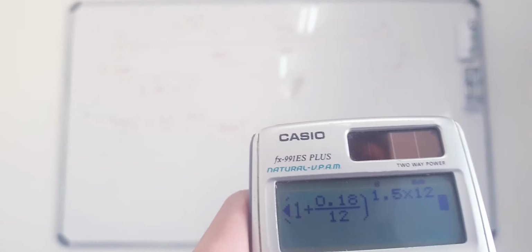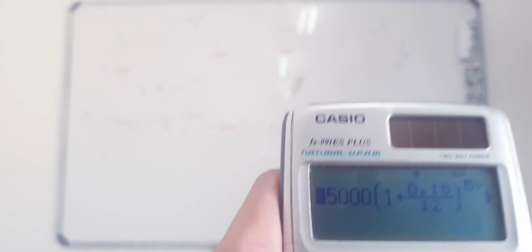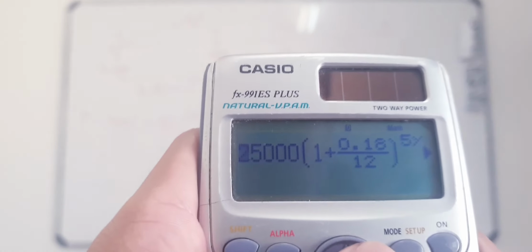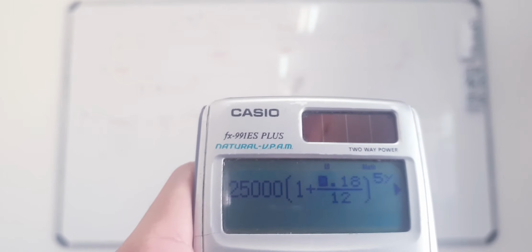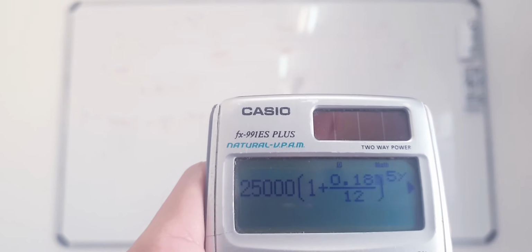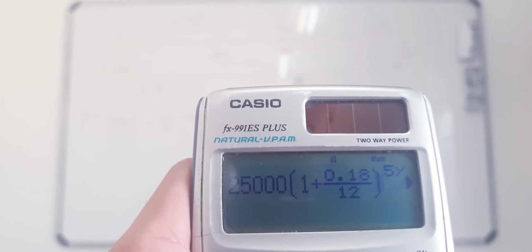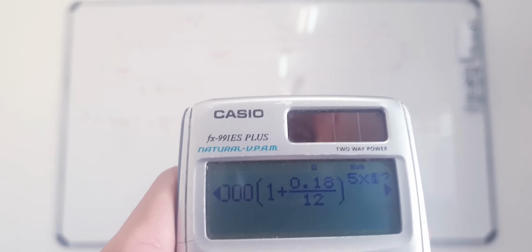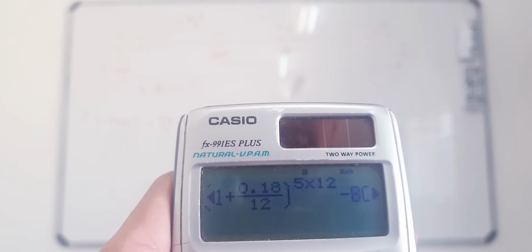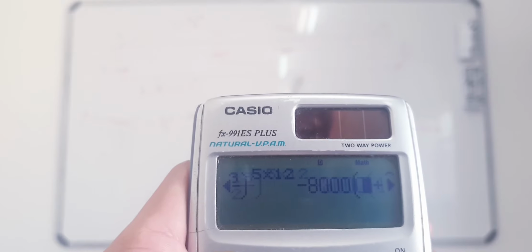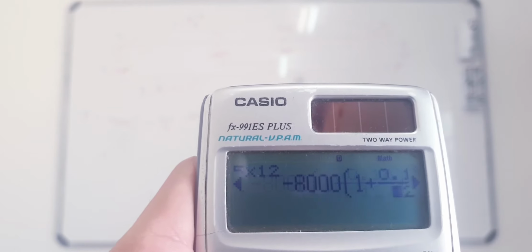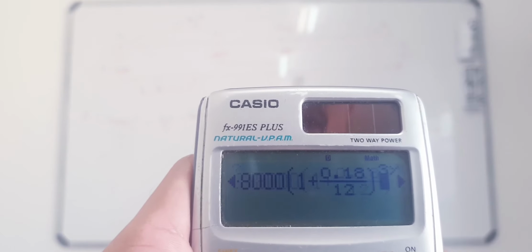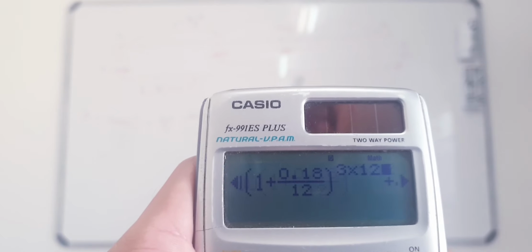Right, so what we can do is have a look if everything is plugged in correctly. 25,000, 1 plus 0.18 all over 12 raised to the power of 5 multiplied by 12. Okay, so we see that first one is correct. The next one was minus 8,000 into 1 plus 0.18 all over 12 raised to the power of 3 multiplied by 12.